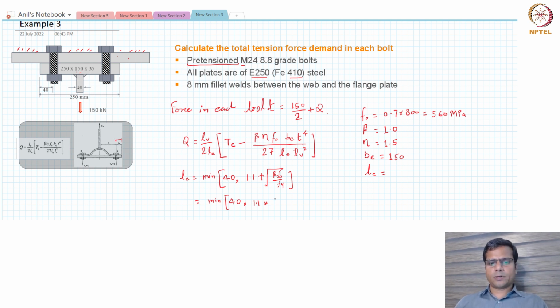The plate has a thickness of 35 millimeter. Square root of beta is again 1.0. F0 is 560. And the yield stress of the plate is 250. The value on the right hand side is actually equal to 57.6 millimeter. So the minimum of the two will be 40 millimeters. So LE is 40.